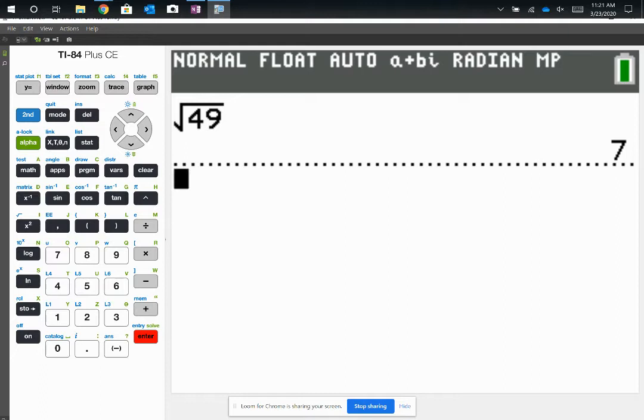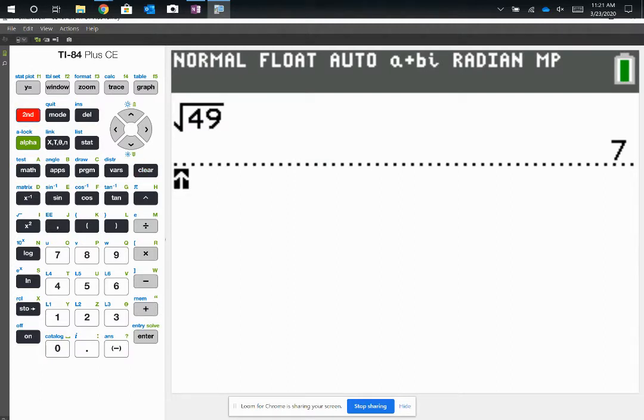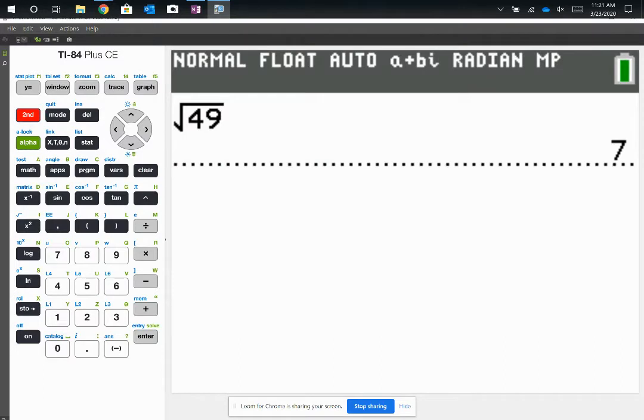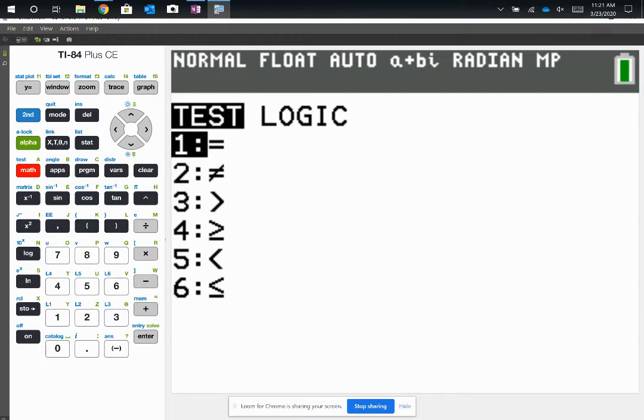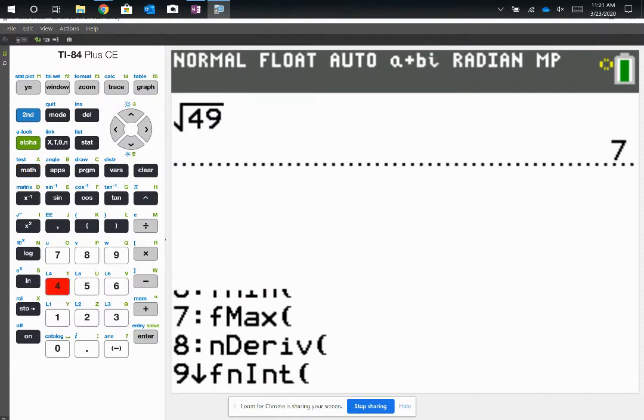I could find the cube root by pressing second and math, let's clear that. Second math. I don't know what's happening there. Something's not coming out clearly here. Oh, I'm sorry. It's just press the math button and select number 4.